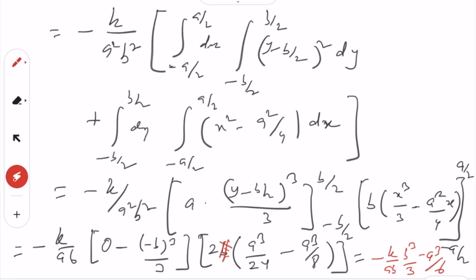So we have b cube over 3. Here we have minus plus b cube over 3, so what we get is we say times 3 here, so 1 minus 3, so minus 2 over 24, so minus 1 over 12, and minus 1 over 6 a cube, so this is how.